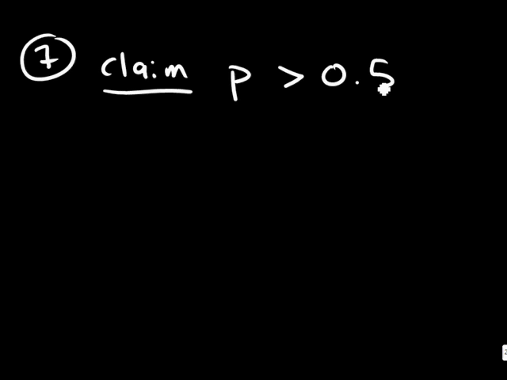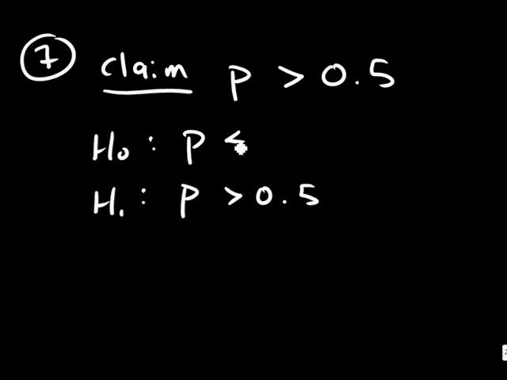The null hypothesis and the alternate hypothesis are set up. So more than half experience relief. The claim happens to be an alternate hypothesis. So the null will be the opposite, which is less than or equal to 50%.